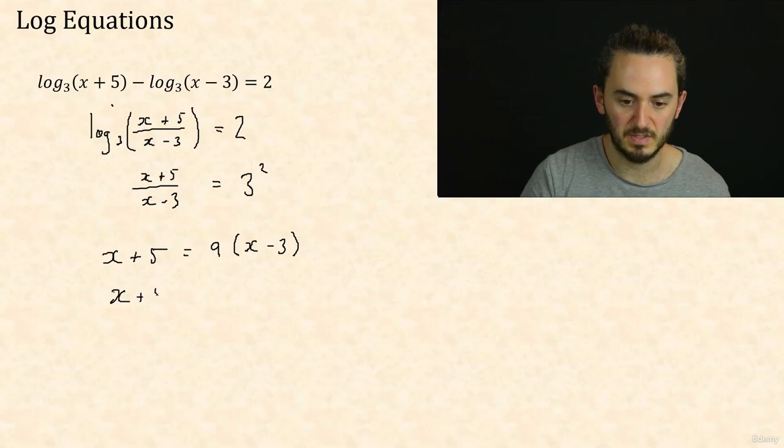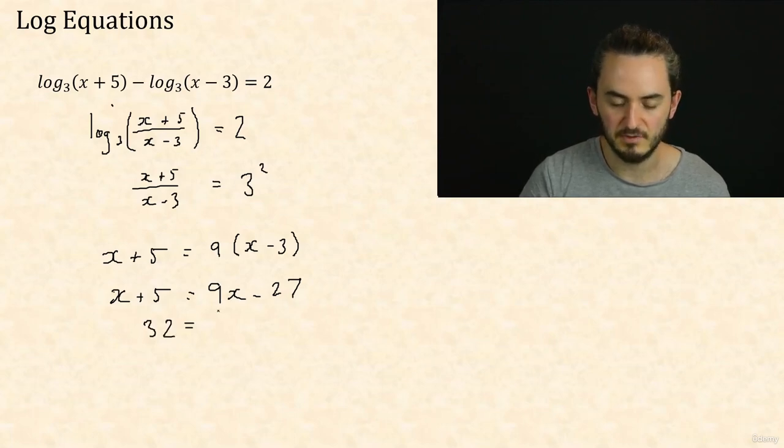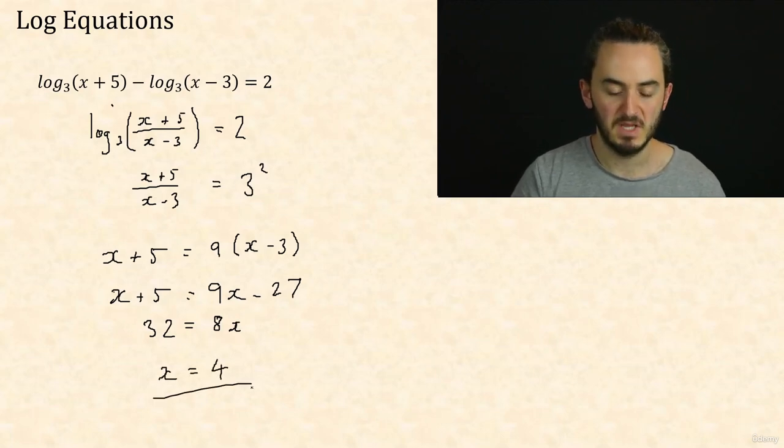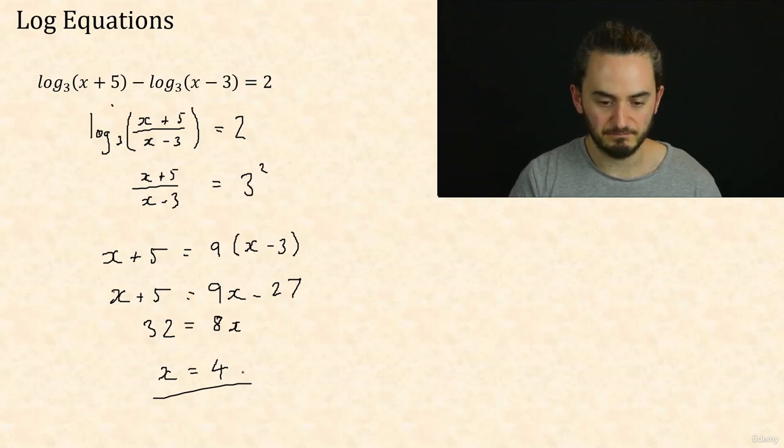Expand, we get x plus 5 equals 9x minus 27. So if I add 27 to both sides, I get 32. If I subtract x from both sides, I get 8x. And dividing both sides by 8 gives me x equals 4. So there's another example of a logarithmic equation.